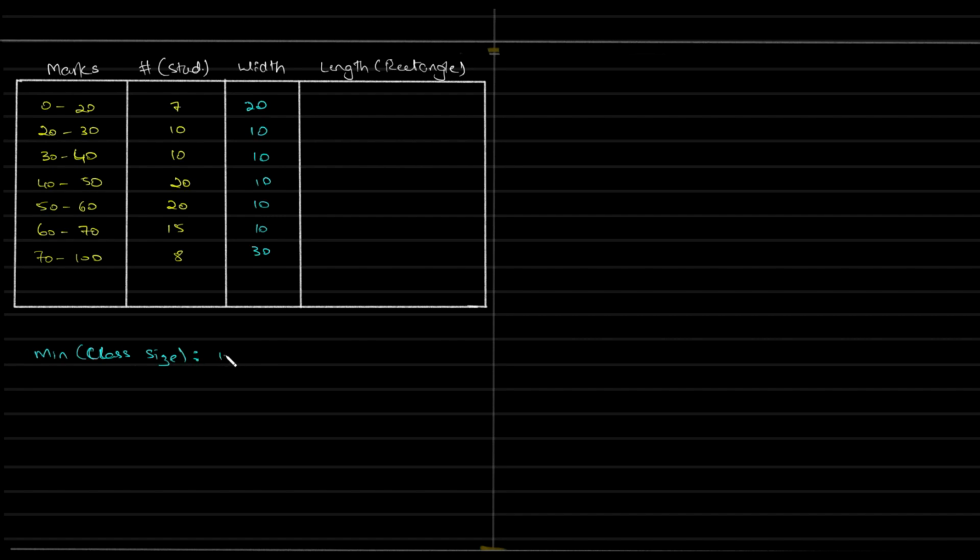The minimum class size is 10. So we have to convert all of this to 10. How is that possible? What they mean is we have to convert the frequency to that.